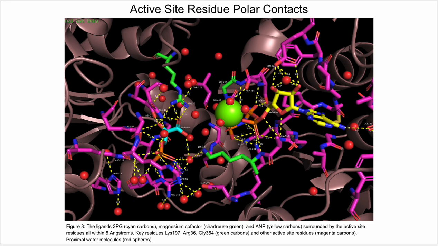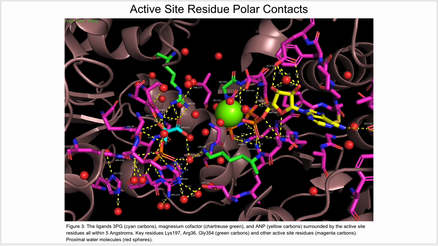Here in figure 3, we can see the active site's polar contacts. So shown are the ligands surrounded by the active site residues that are all within a 5 angstrom distance.